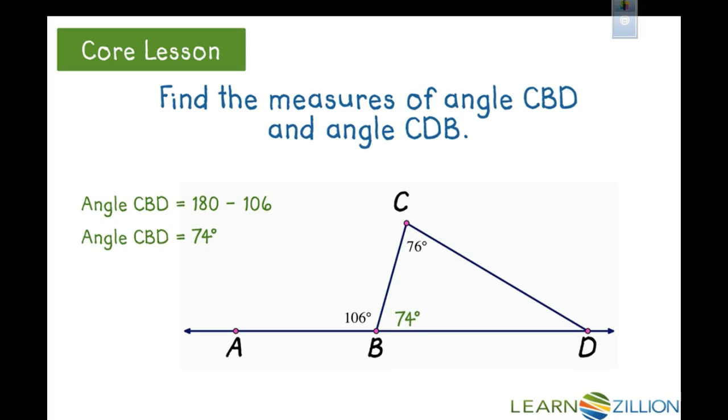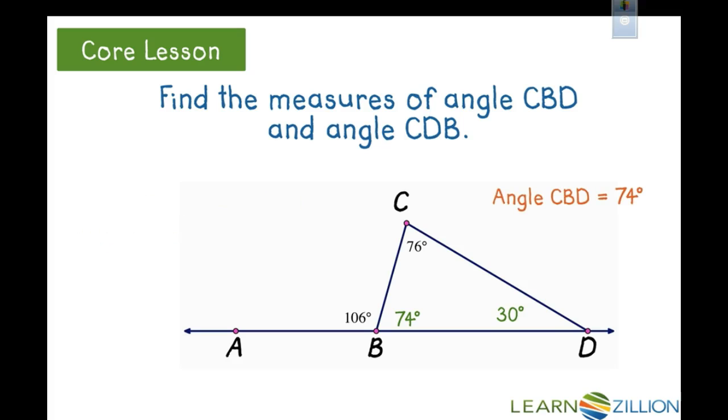Now that we know two of the interior angles, we can find the third angle. Angle CDB must be equal to 180 minus the sum of 76 plus 74, or 30 degrees. The answer to the problem is angle CBD equals 74 degrees and angle CDB equals 30 degrees.